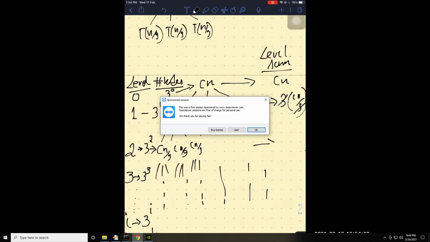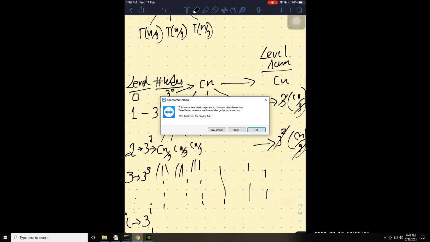Then for level 2, similarly, we will get 3 squared times C of n divided by 9, because here we have 3 squared or 9 nodes and each of their values is C of n divided by 9. So again, we will get C of n.